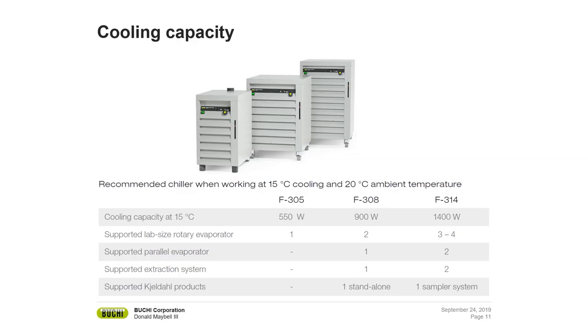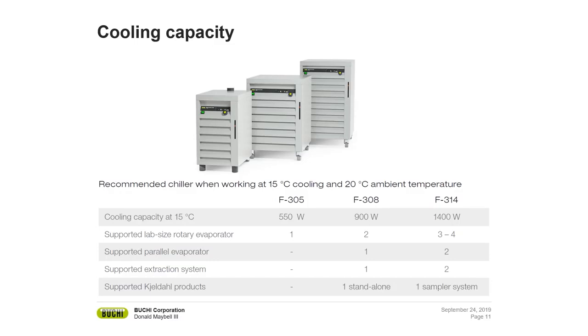Most people don't know, but as you go to a lower temperature, the cooling capacity actually decreases. That's because the chiller has to work harder to hold that temperature. So what will happen if you don't have adequate cooling capacity is you will see the chiller heat up over time.